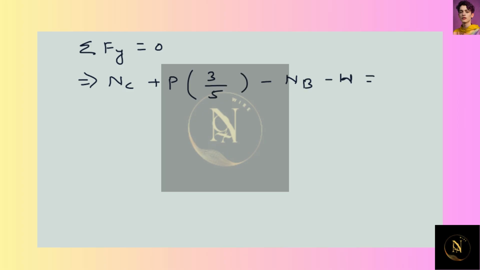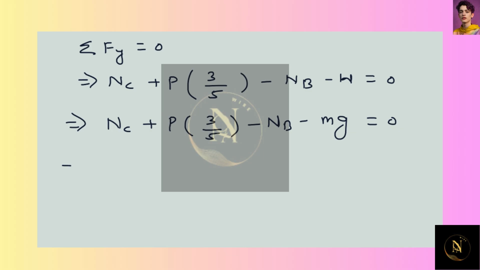Writing summation of Fy is equal to 0: NC plus P (3 by 5) minus NB minus W is equal to 0. So NC plus P 3 by 5 minus NB minus mg is equal to 0.